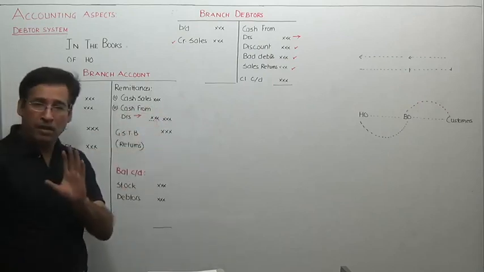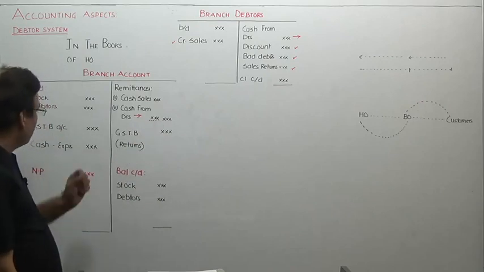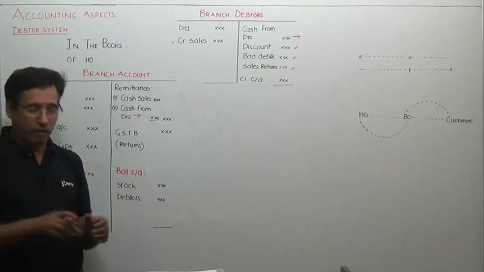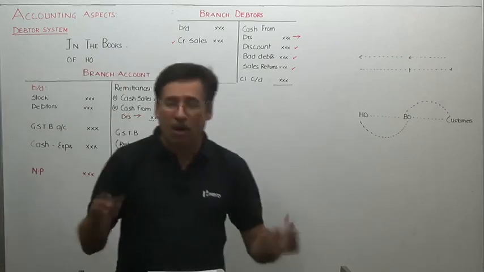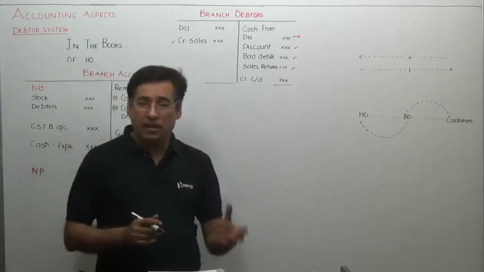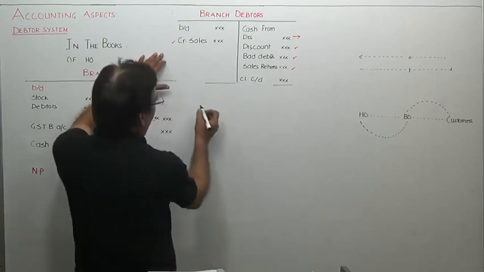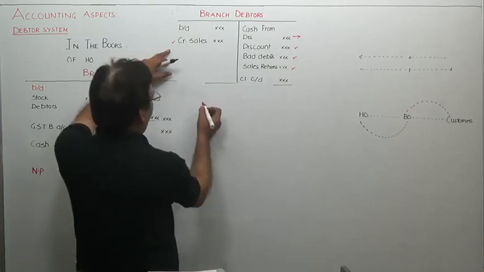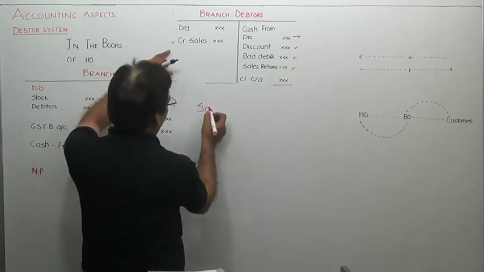The second concern is how this particular account is reflecting profit. Because logically, in accounts, it is not possible to compute profit unless we have the amount of sales, that is cash sales and credit sales.